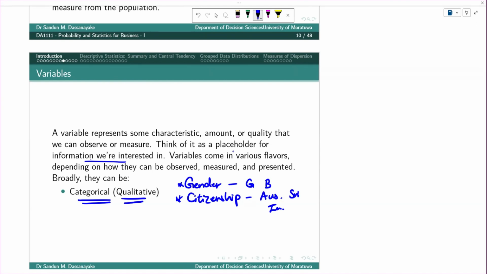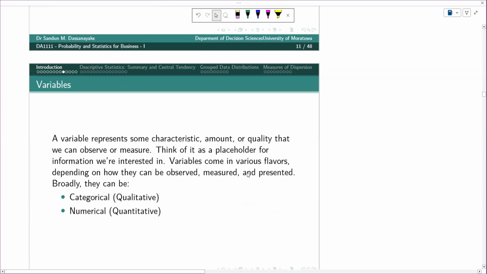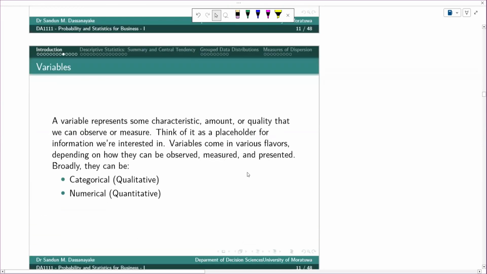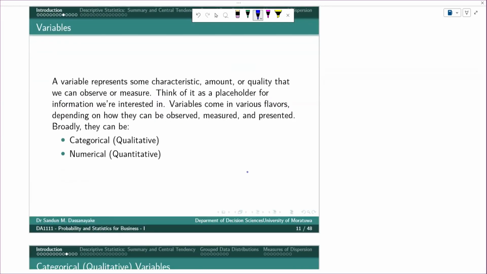Those are qualitative variables. That's one type of variables that we find. The other type is numerical. In terms of numerical, we have a measure, quantitative. If you think about your height, this is measurable. It's a quantitative variable.